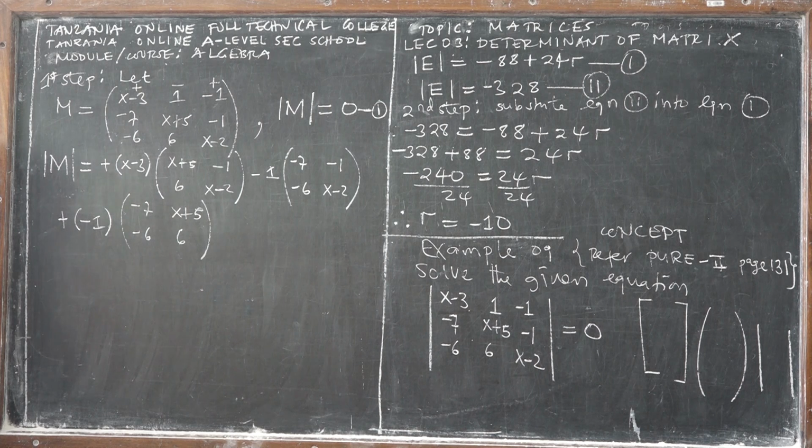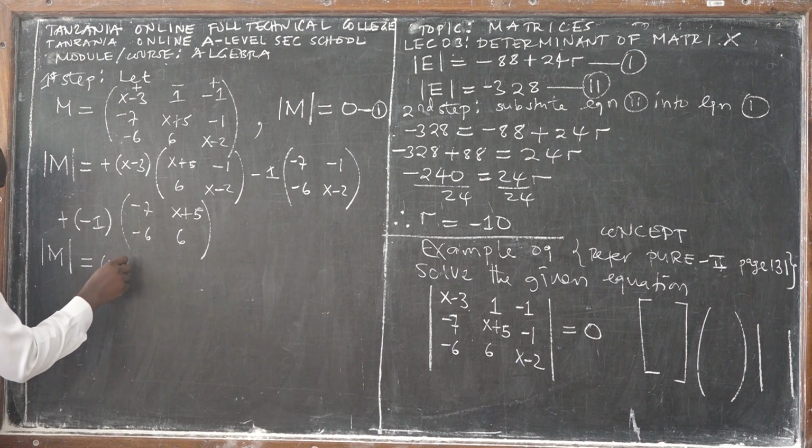Then the determinant of matrix M: remember that you may call it matrix M, matrix A, matrix B or matrix C, whatever the case. Then the determinant of matrix M is equal to positive x minus 3.